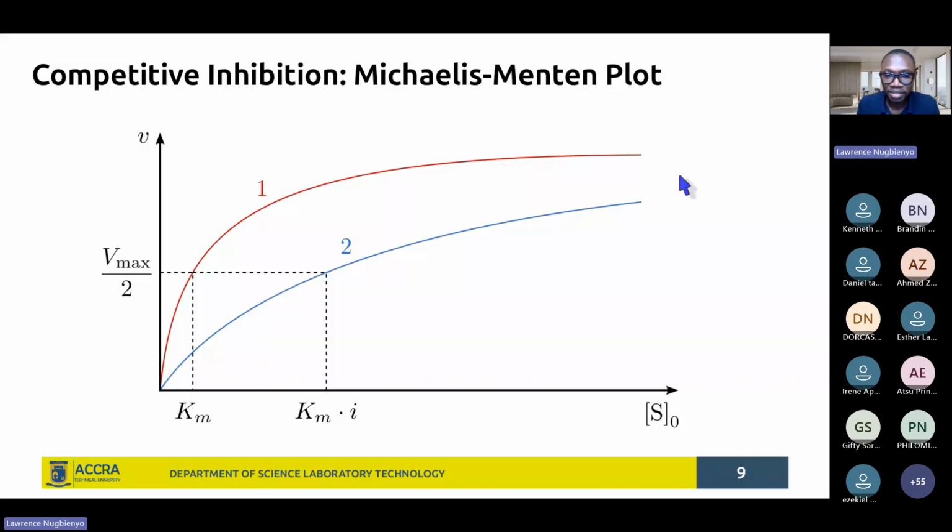And even when you have some inhibitors already bound, the substrate molecules, because they are high in concentration, can go in and displace these inhibitor molecules and have the reaction proceed. So that is a representation of the competitive inhibition by the Michaelis-Menten plot.